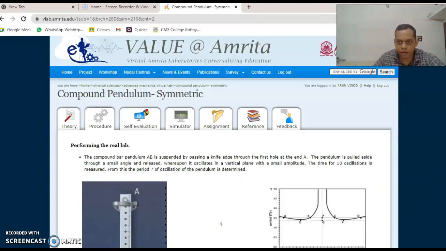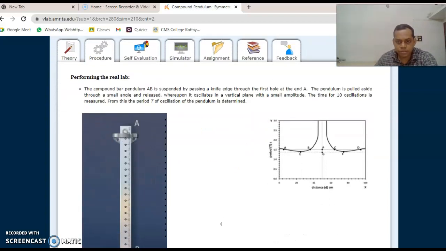I have created an account in virtual labs Amrita. So just like we have discussed the theory, here you can see the time period and distance, and they have taken the center of gravity and drawn a line parallel to the x-axis and also one parallel to the y-axis, and the time period.